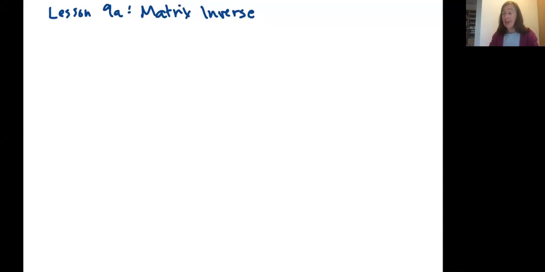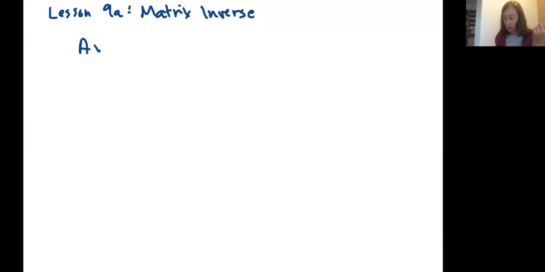So, matrix inverses. I want to go back to an idea from the last lesson where we talked about taking a linear system of equations and organizing it into a matrix of coefficients.